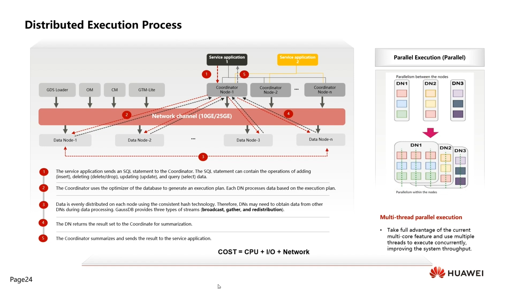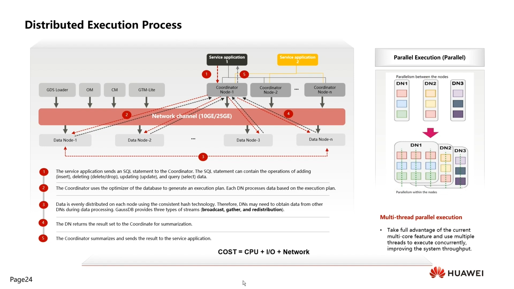The broadcast stream operator broadcasts the data from one node to all other nodes, and the gather stream operator gathers the data from all other nodes to one node, often used by the CN to collect the overall results from the DNs. And redistribution redistributes the data between the nodes.